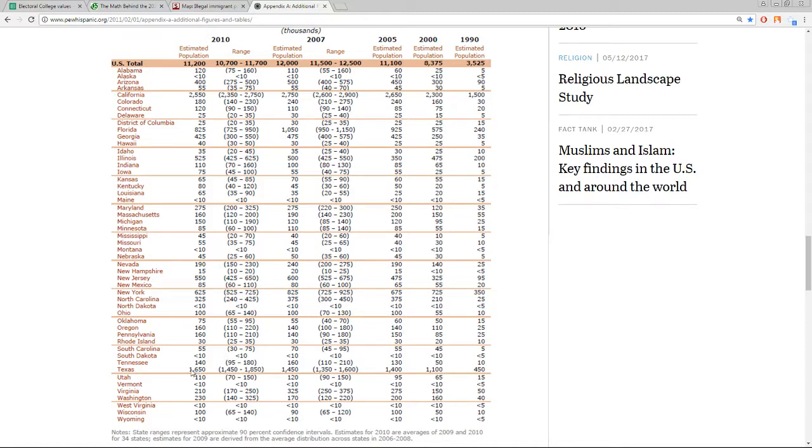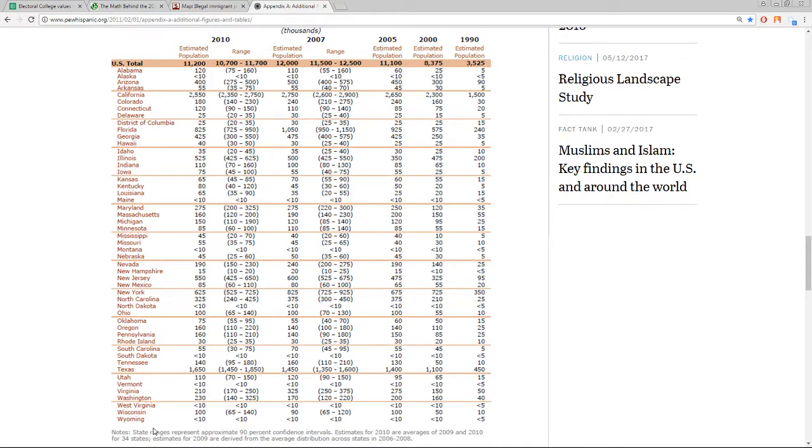Texas here has 1,650,000. Utah has 110,000. Wisconsin, 100,000. California, 2,550,000. Florida, 825,000. So that gives you some idea.